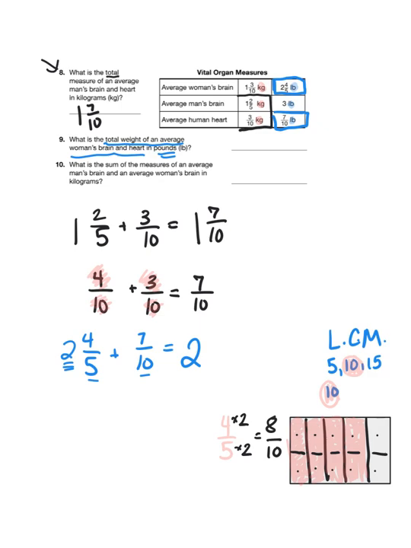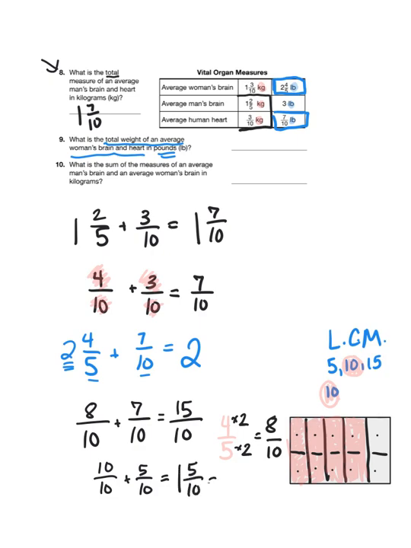So 2 4/5. Okay, I already dealt with my 2, so I'm going to leave that alone. But 4/5 is equivalent to 8/10. Add that up with my 7/10. That gives me 15/10. 15/10 is the same as 10/10 plus 5/10, or 1 5/10.